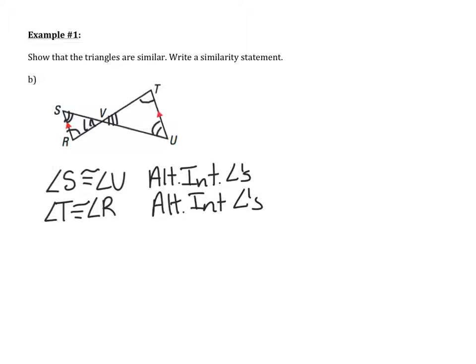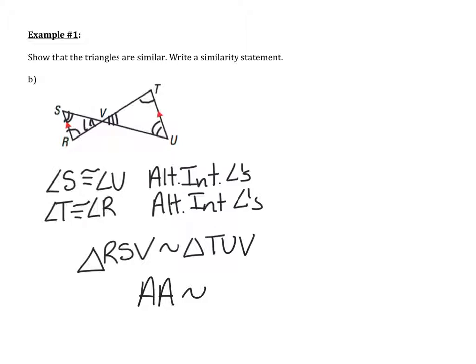So now that I've shown that two pairs of angles are congruent, I can now state that triangle, let's start with the smaller one, RSV. Since I started with R, which corresponds to T, RSV is similar to triangle T, and then I put S next. S corresponds to U, so it'd be TUV, since V would correspond to itself. And again, I know that they are similar because of angle-angle similarity.